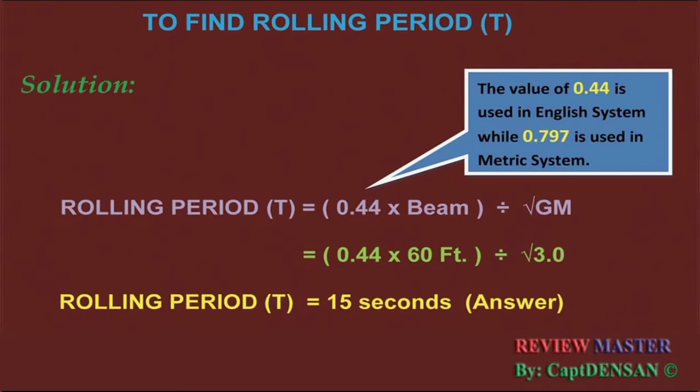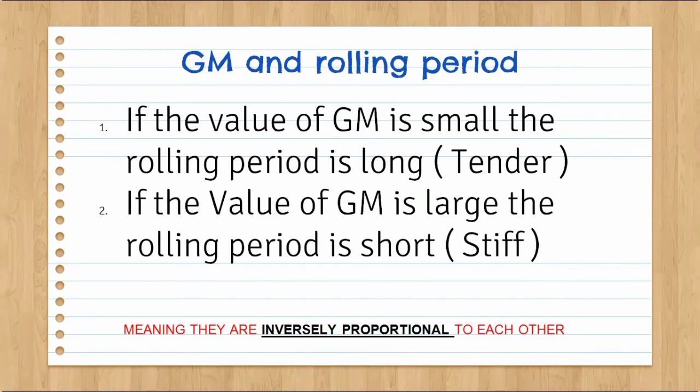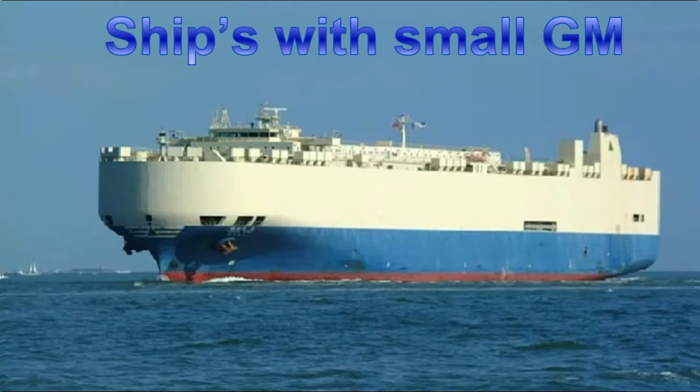Alright, so what can we get from this? Meaning if we have a very small GM, and also a very large GM, that would be a disadvantage for the ship.